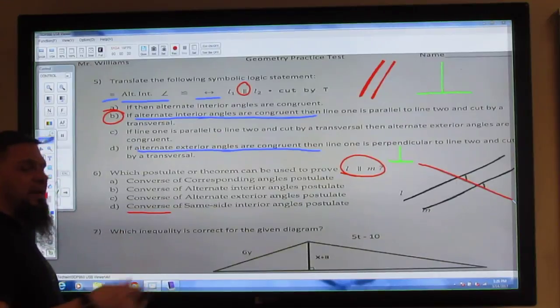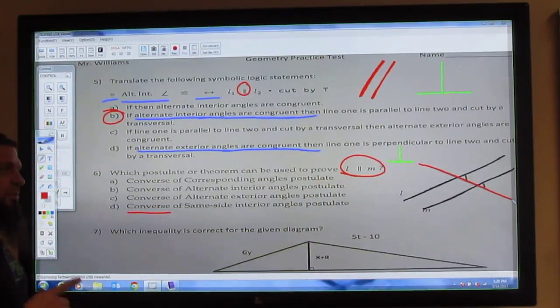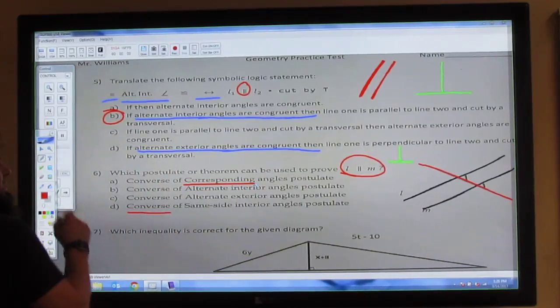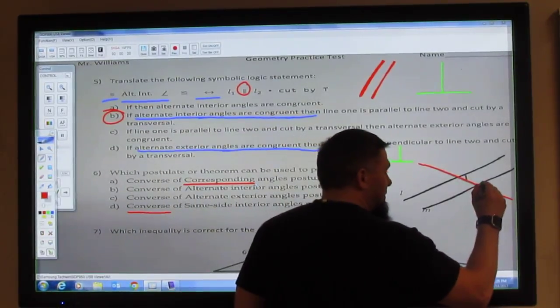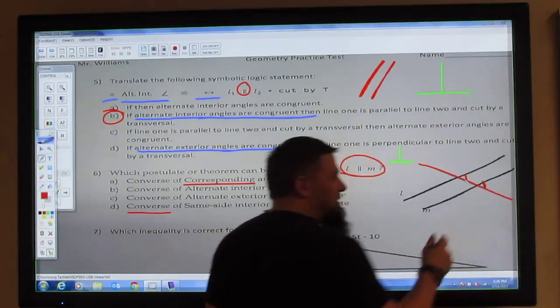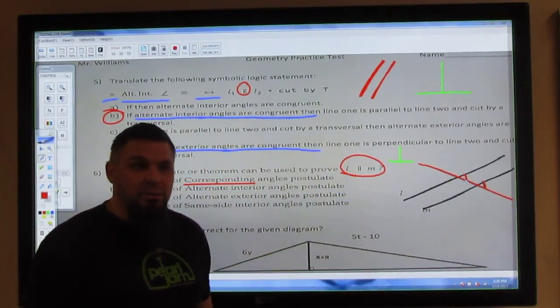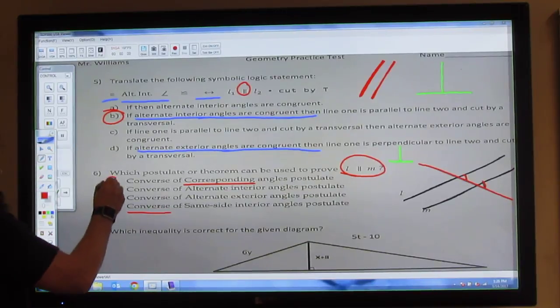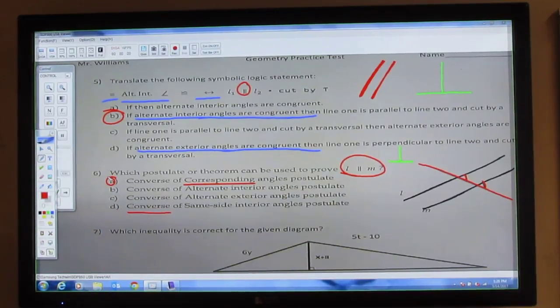Then we can look at a lot of different things. First thing we can look at is corresponding. Those are corresponding, and they would be congruent. So that's one way. That would work. Is there another way?